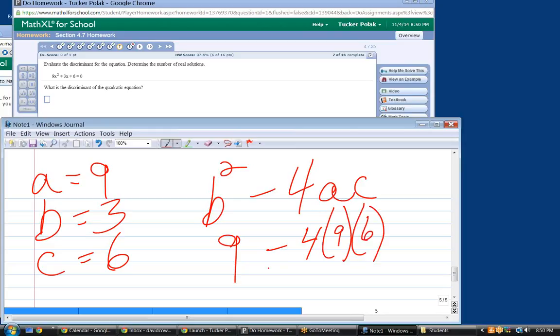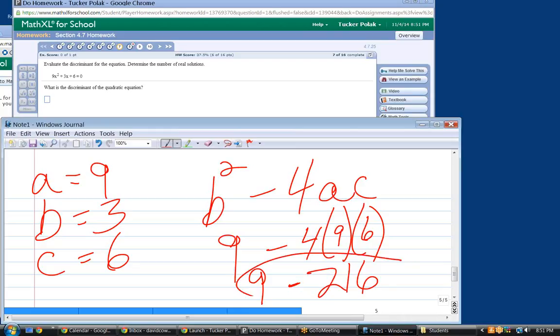And I do think this is the best way to do it, is to plug everything in like that, instead of trying to multiply those out in your head. Because a lot of times you have multiple negative signs there also. So this is, again, 36 times 6 is 216, yeah.